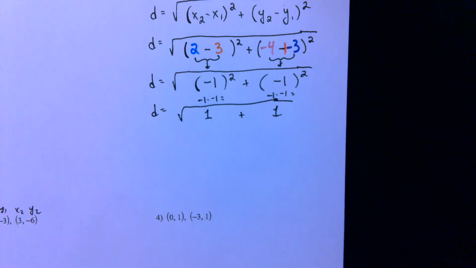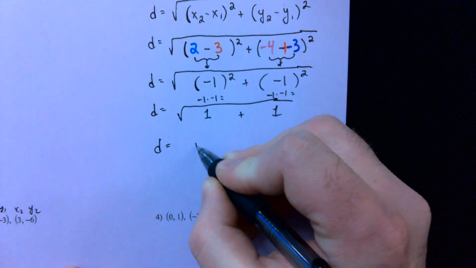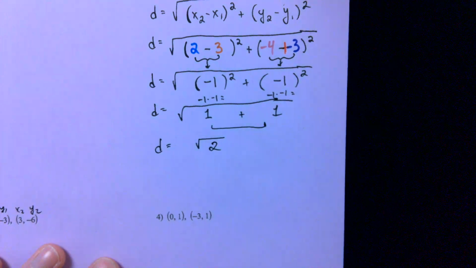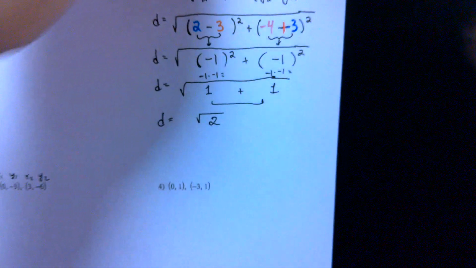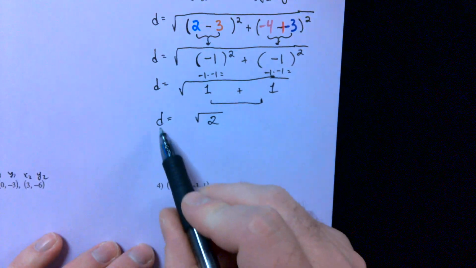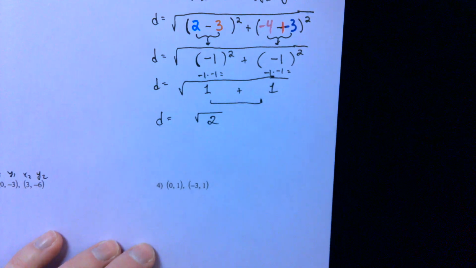Sound good? Okay, what do I want to do now? Add them. What is 1 plus 1? So you may look at that and go, oh, my distance is 2. Is that correct? No. My distance is the square root of 2, which is very different, right?